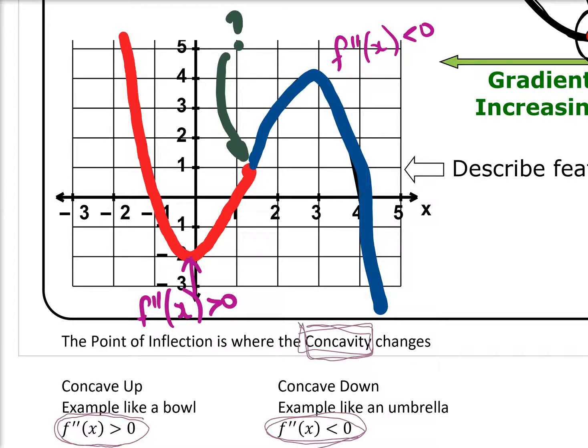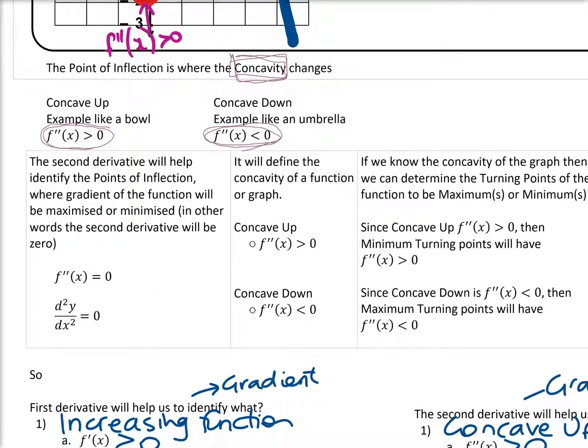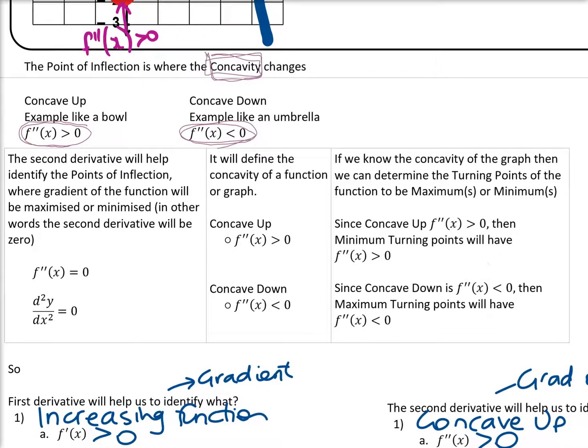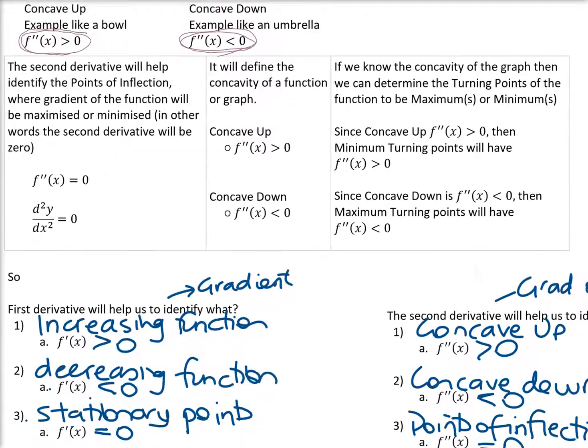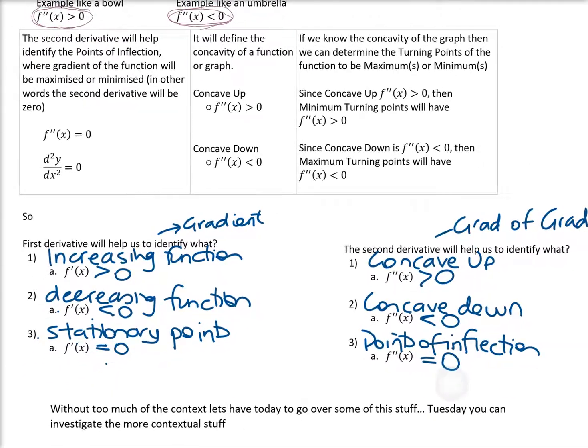It's a concave down graph, which means water would run off like an umbrella. So there are a few key points there. The second derivative helps to identify points of inflection because you can solve it to be equal to 0. It also tells us if it's concave up or concave down, which therefore will tell us if it's a local maximum or a local minimum. So a real quick overview about that stuff.